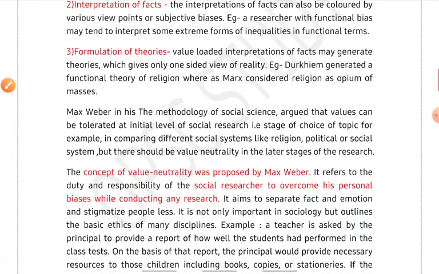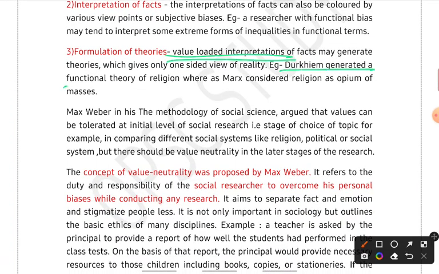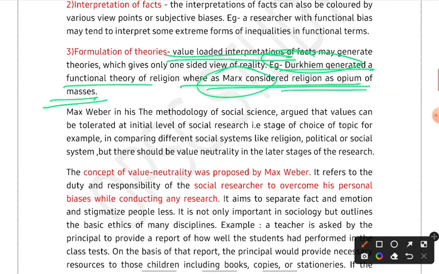Then formulation of theories. Formulation of theories can be value loaded. Durkheim generated a functional theory of religion, whereas Marx considered religion as the opium of the masses. For Durkheim it was integration. But for Marx it was basically the heart of a heartless world, the opium of the masses, which is being built by the capitalists in order to control the slaves.